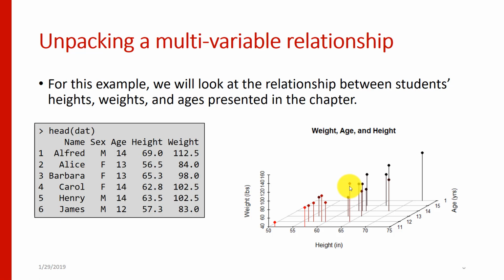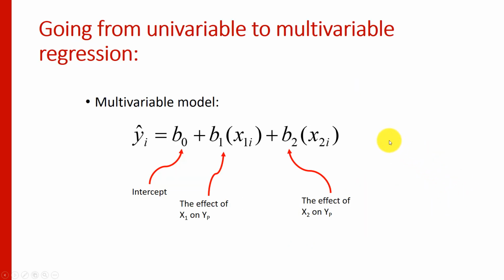Right? So when we start adding these multiple components to our model, we have to account for the relationship between our predictor variables in order to say what is the independent contribution of x1 or the independent contribution of x2 to the outcome.